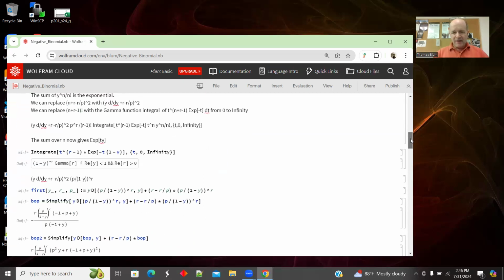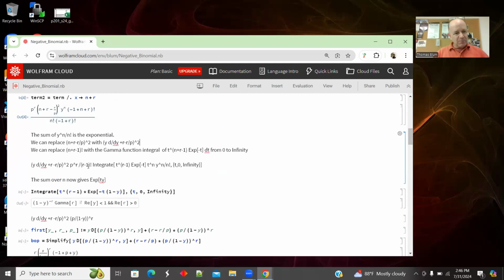And now I have my p to the r, I have my r minus 1 factorial, I have the square term, which is now y d/dy plus r minus rp squared. I'm replacing the factorial with my gamma function integral. And then I have y to the n over n factorial, and then I had t to the n plus r minus 1.